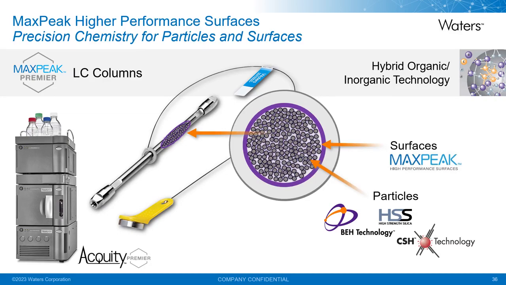And then we can pack these columns with those precision chemistry particles that we use for these separations, like HSS, BEH, CSH, the Cortecs chemistries, and create those separations without the fear of nonspecific absorption impacting our chromatography.